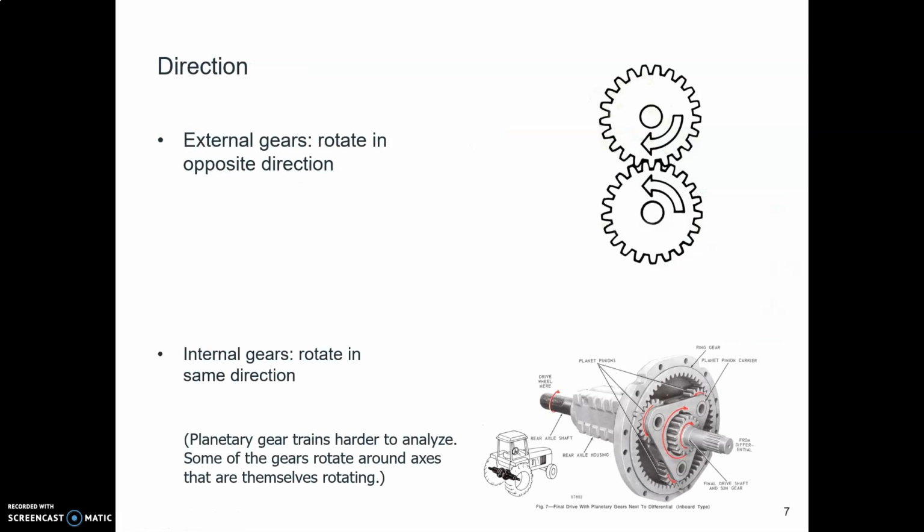Okay, more about gears. When gears are in mesh, if they're just regular old gears with teeth going around the outside of the gear, those are called external gears, they rotate in opposite directions, which maybe you'll be able to visualize. When one rotates clockwise, it drives the other one to rotate counterclockwise.